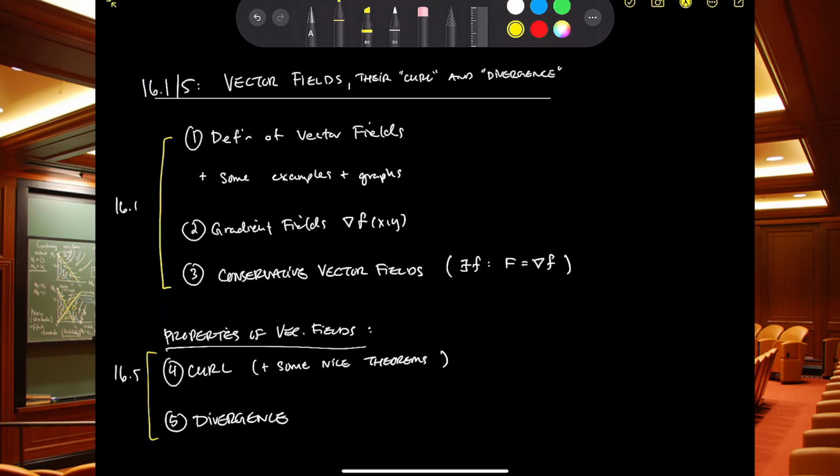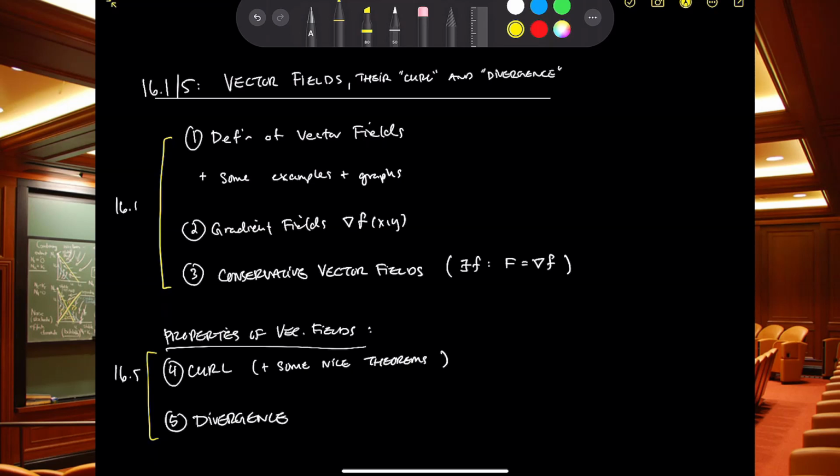And they're named pretty well in what they describe about a vector field. You can think of how much a vector field is swirling, with a more sophisticated notion than just that. And then divergence, how much a vector field has this kind of outflow from a certain point of reference. So we'll get into that momentarily.